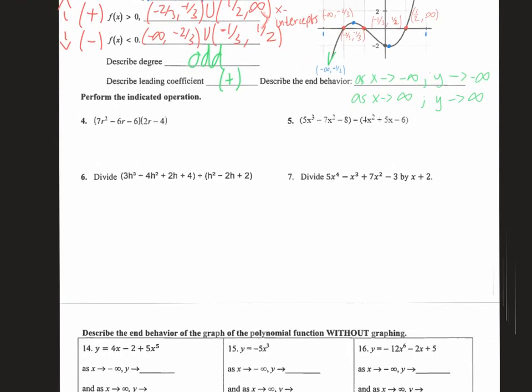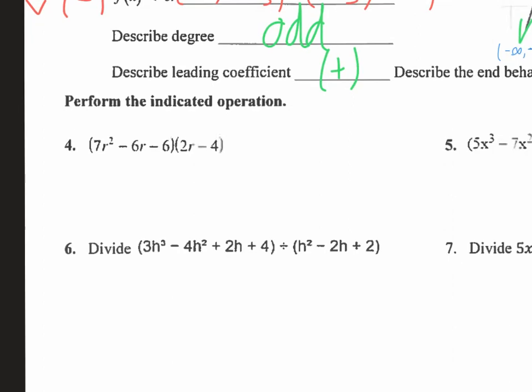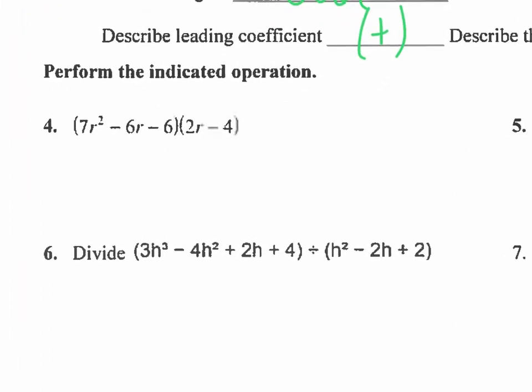Perform these. That's going to take a while. That's fun, okay? So no worries. Number 4, we just got to distribute. You can do this both ways. I like to do it the first way. So I'm going to distribute the second one to the first one.